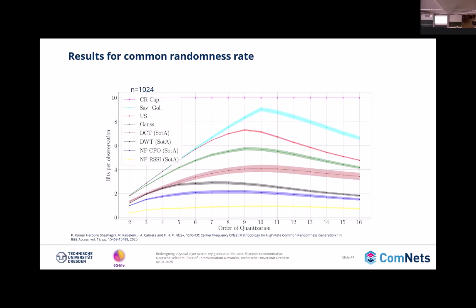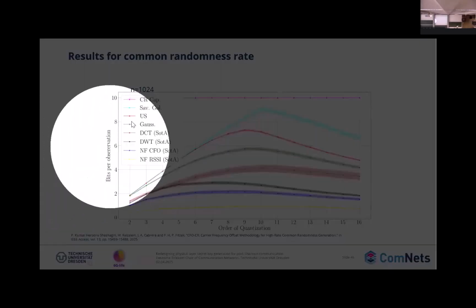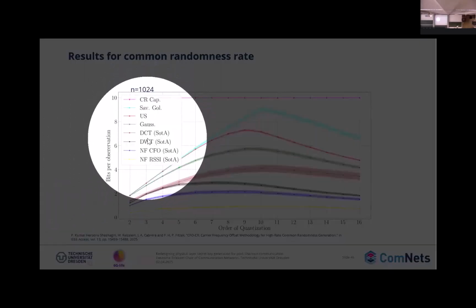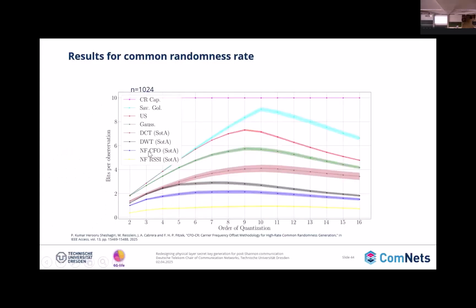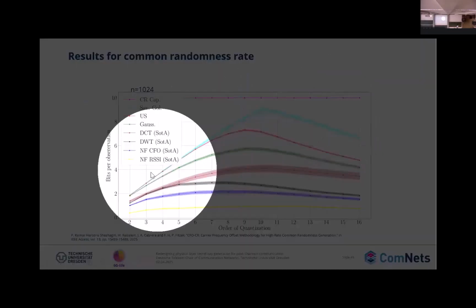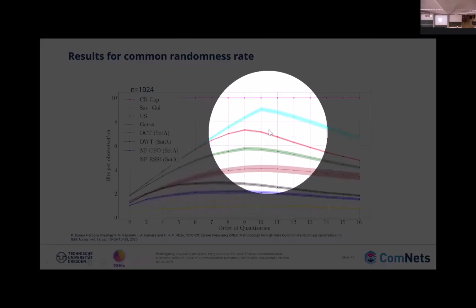According to some of the key state of the art, which uses discrete cosine transformation and wavelet transformation, we replicated the same work in our test bed, and we noticed that the common randomness rate of the PLSK schemes they were using was quite low compared to using filters with very high cutoff frequency. And that is what we observed here.